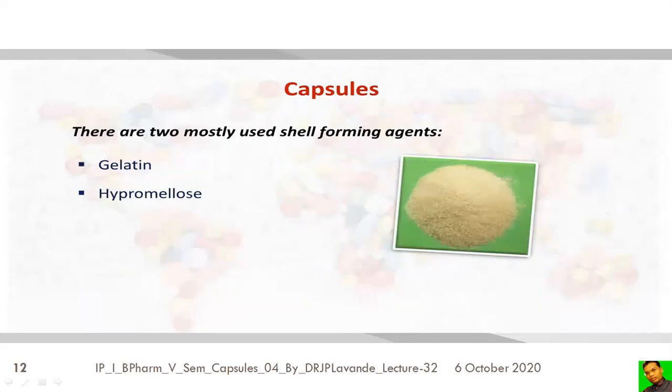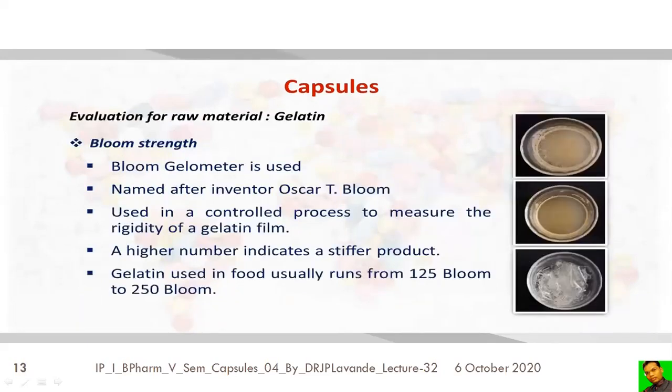There are two mostly used shell forming agents: one is gelatin and the second is hypromellose. Hypromellose is the best alternative to gelatin.